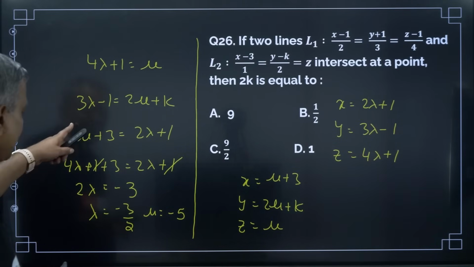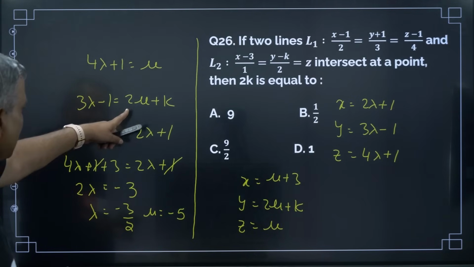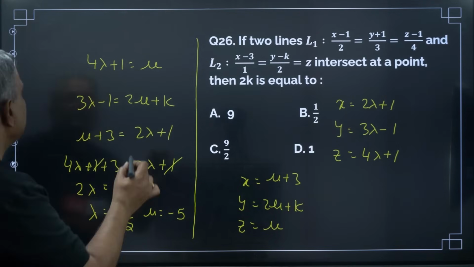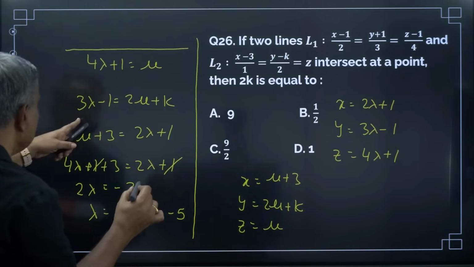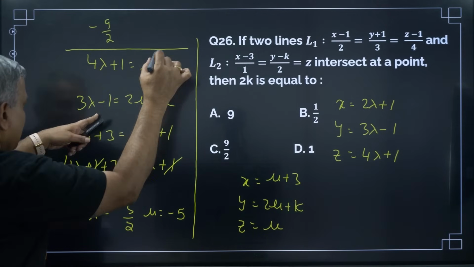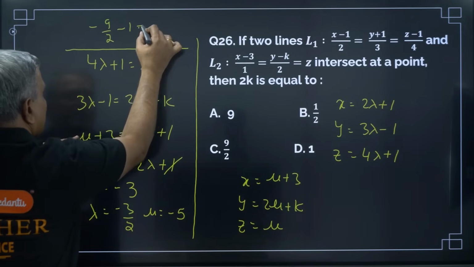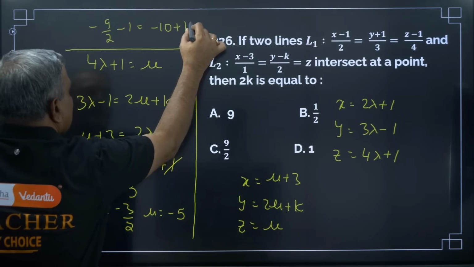So we require the k value. So lambda value you substitute here and mu value you substitute here. You get your required answer to get the value of k. So how much do we get for mu? This will give you minus 9 by 2. Minus 9 by 2 minus 1 is equal to 2 mu minus 10 plus k.